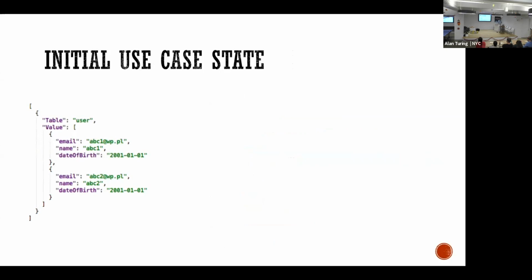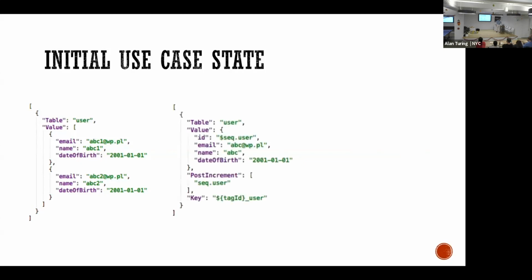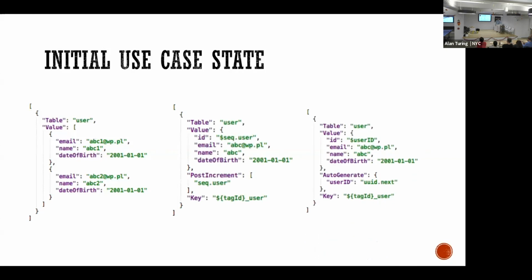You may address this particular setup in various ways. You can either provide just an email as a kind of primary key to your database. You may use a database that supports sequences, and you may use code like this. Or for the key value store, you can auto-generate your user ID. So all these various options are already supported and work nicely with either SQL or NoSQL databases.